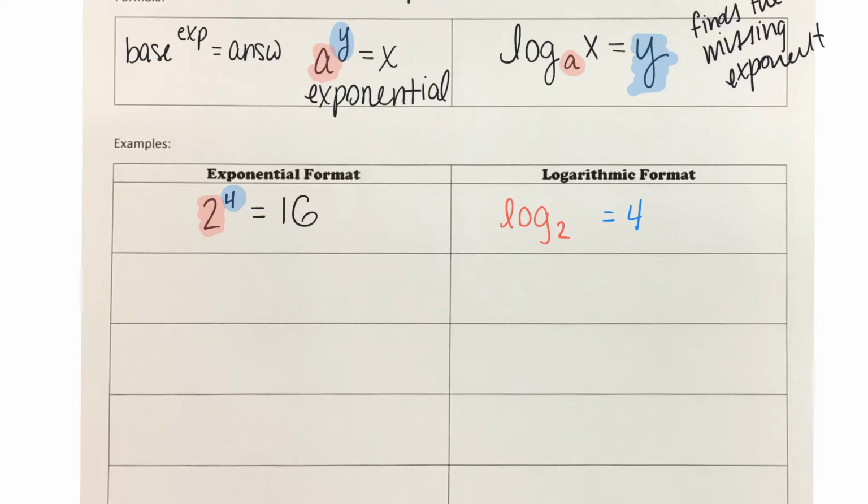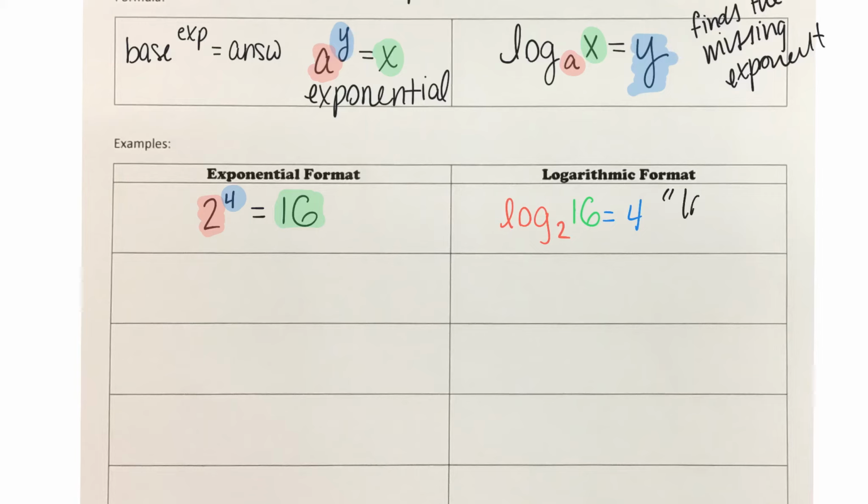And the x was the answer of my exponent and is now what I'm taking the log of. So this is going to be 16. So I would read this, log base 2 of 16 equals 4. Let's write down how we read this.